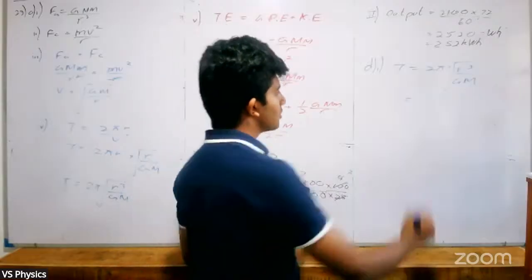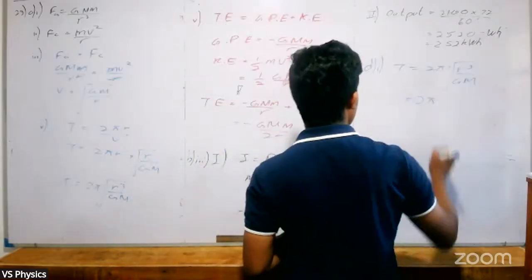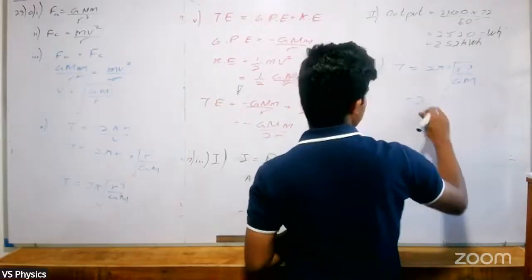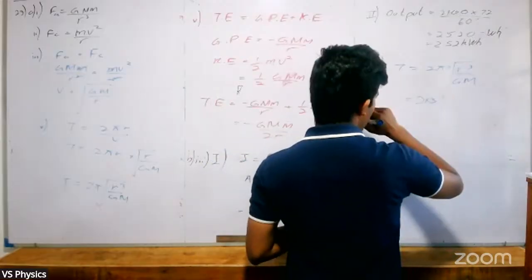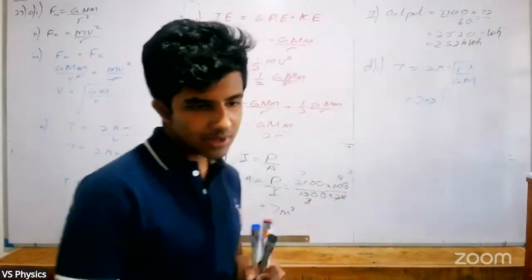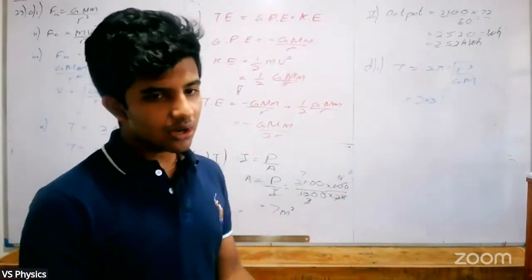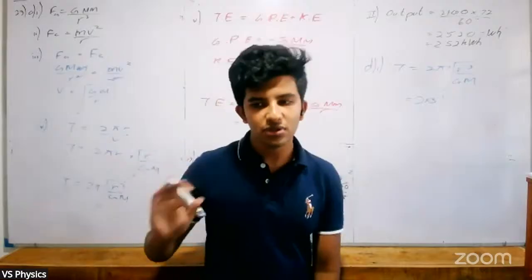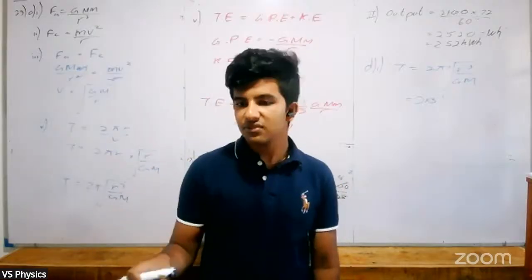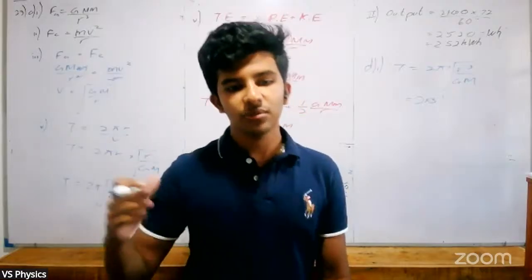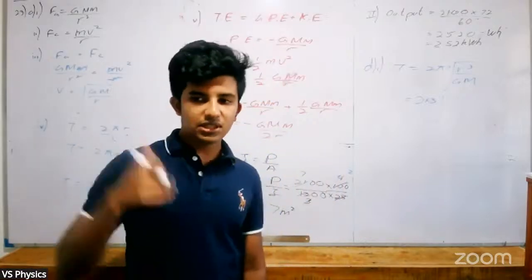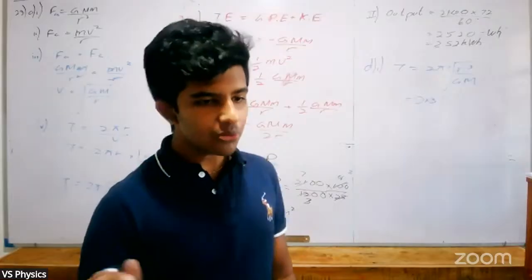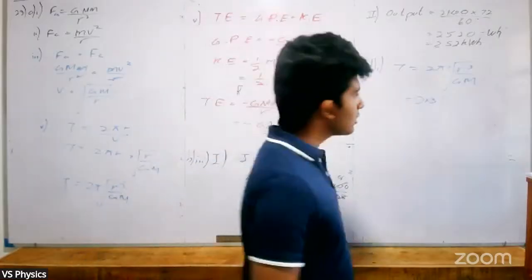Pi is equal to 3. What is R cube? R is the radius of Earth plus the height. 6,400 kilometers is what they have given as the radius of the Earth, and 600 kilometers is the height from the surface. Total will give you 7,000 kilometers.